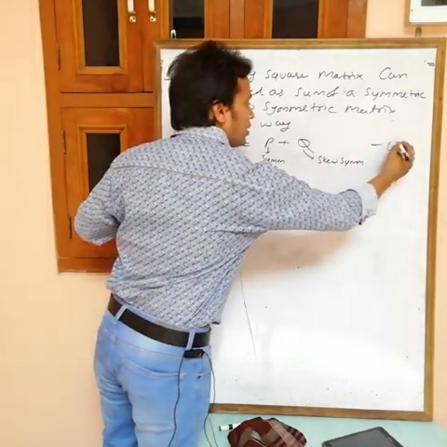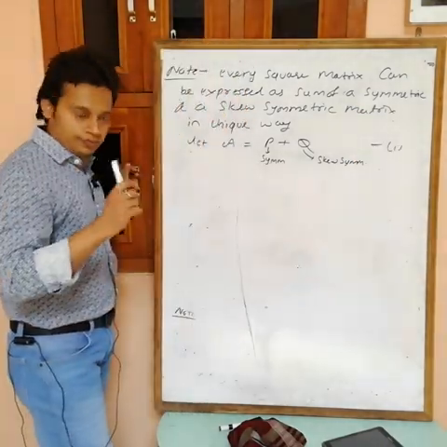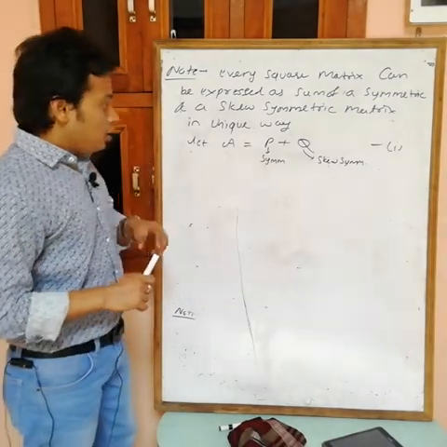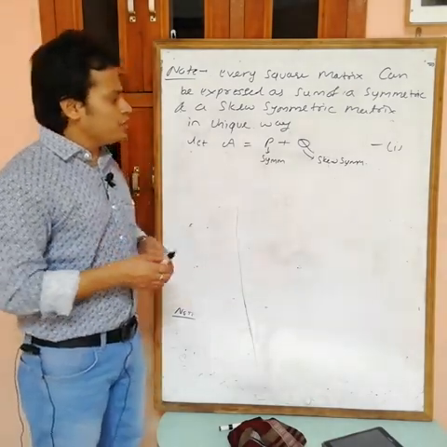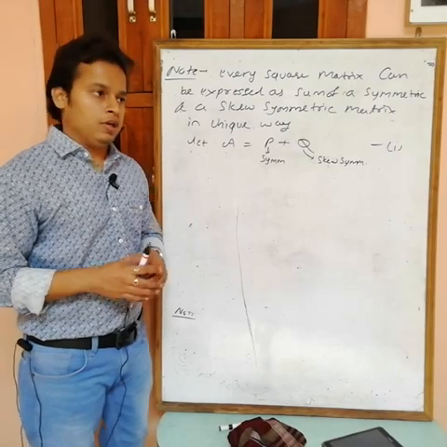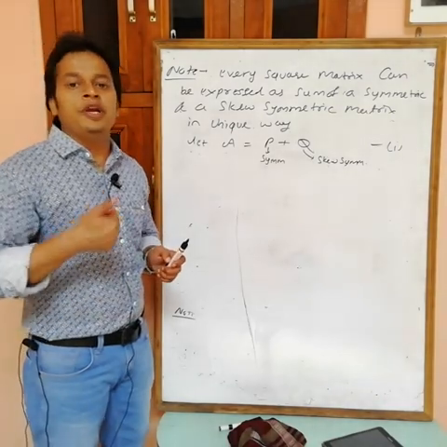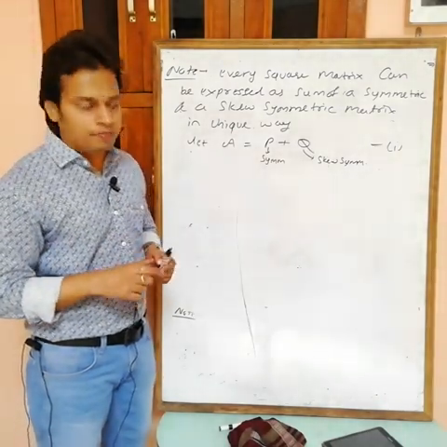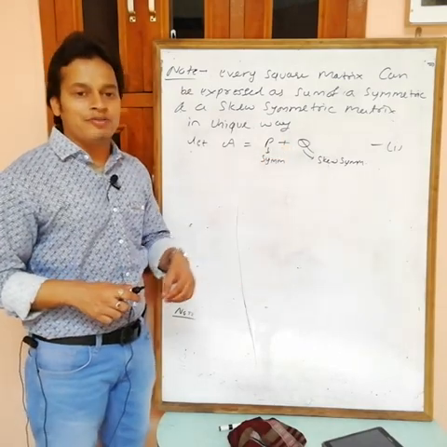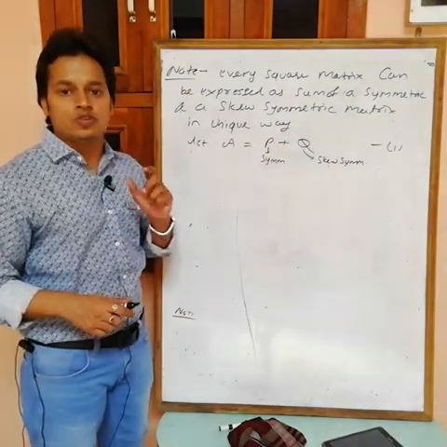Now I want the values of P and Q. If P is symmetric, then P transpose is equal to P. If Q is skew symmetric, then Q transpose is equal to minus Q.